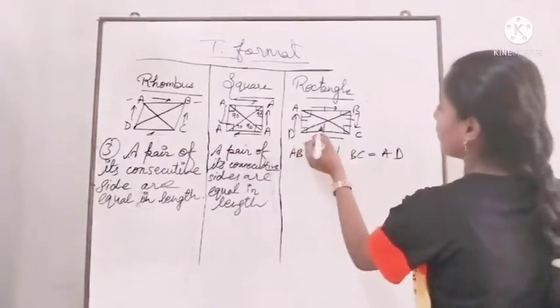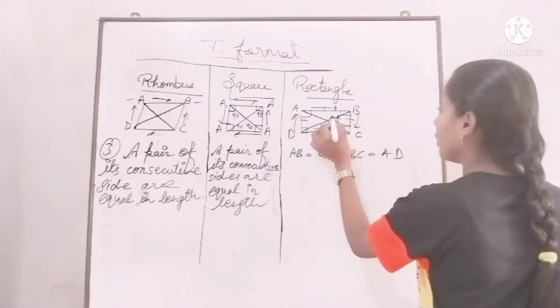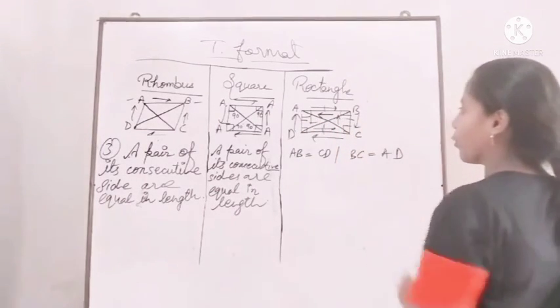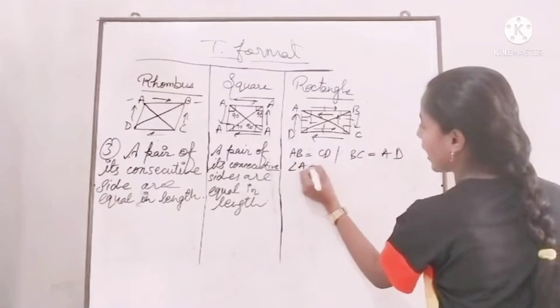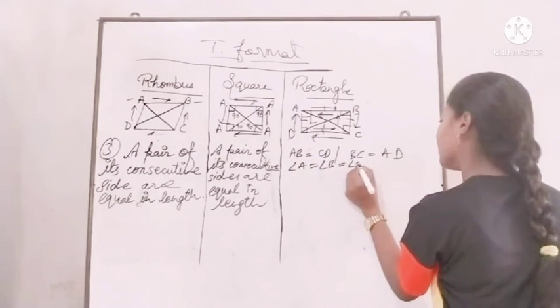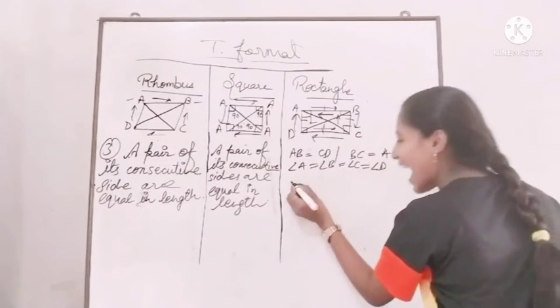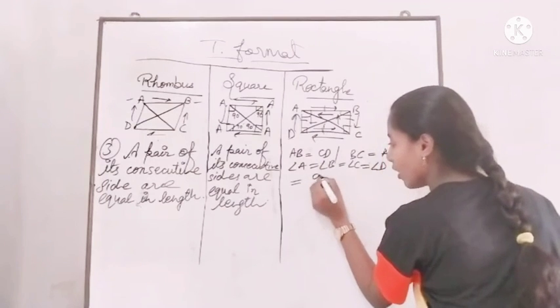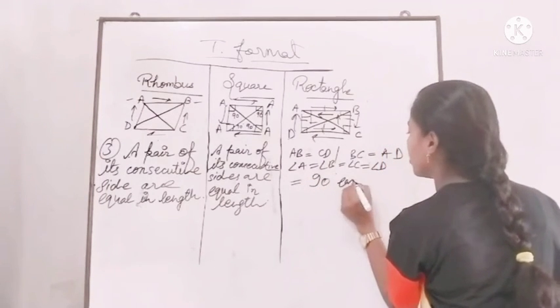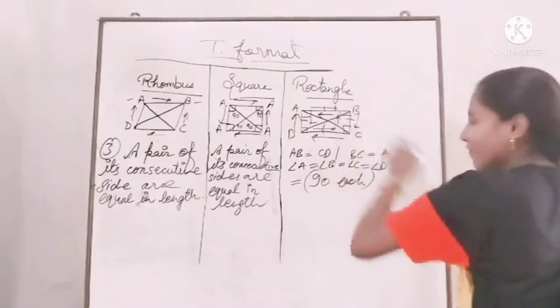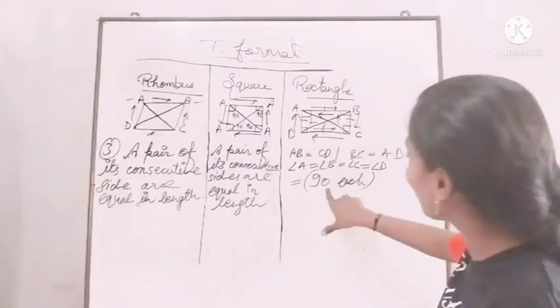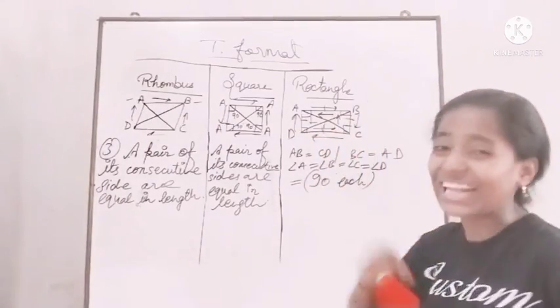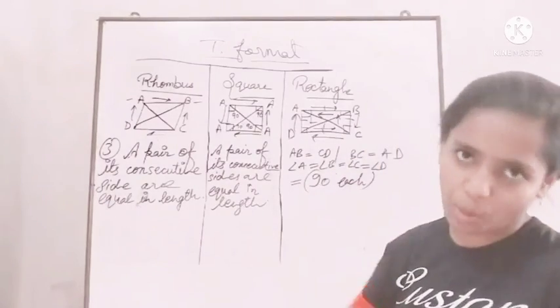Opposite angles means this angle will be equal to this, and this angle will be equal to this. Means angle A equals angle B equals angle C equals angle D, each giving a right angle or 90 degree. You can write each here because every angle is equal to 90 degree, as opposite angles are equal. We are getting this by this property.